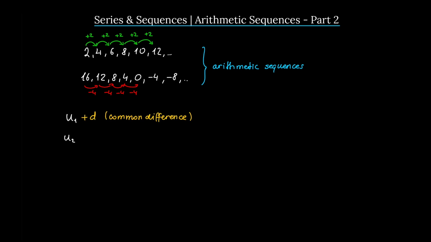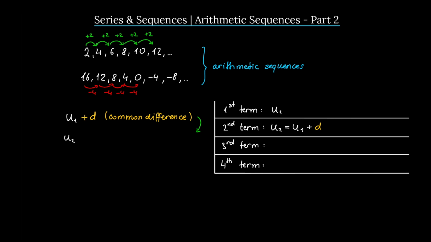So that means, in order to get u2, you can add the common difference to u1. So first term u1, second term u2 equals u1 plus 1 difference. To keep it going, u3, the third term, can be written as u2 plus a difference.